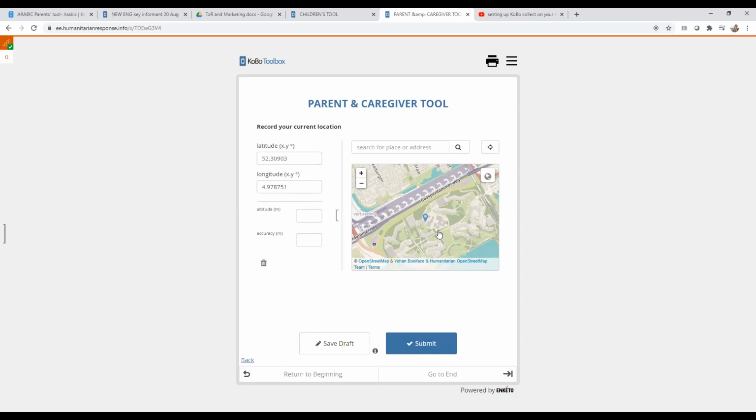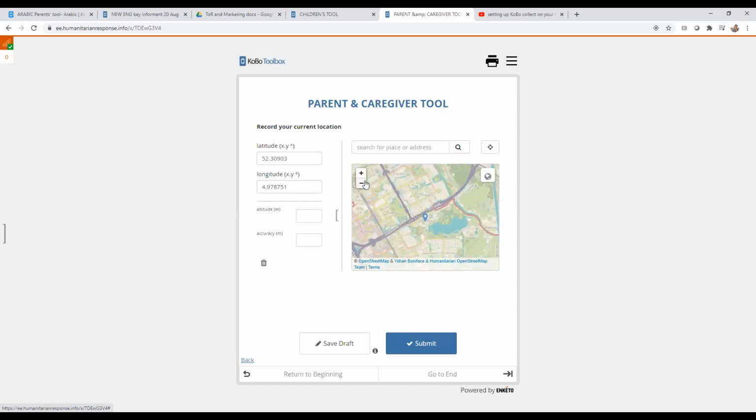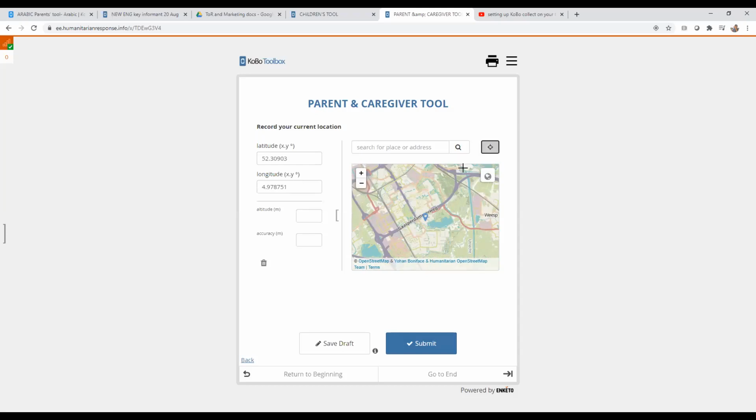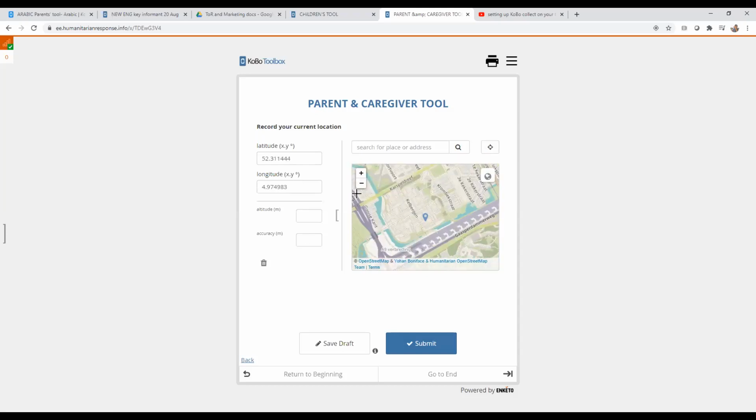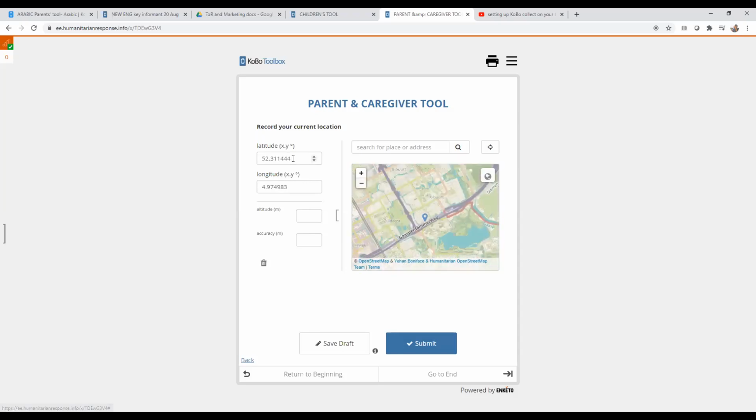So they need some kind of understanding of how to use a map. Are you able to zoom in or out? Maybe through this button? Yeah. And then place the button on the right spot. And then it has the coordinates. And I think you can submit here.